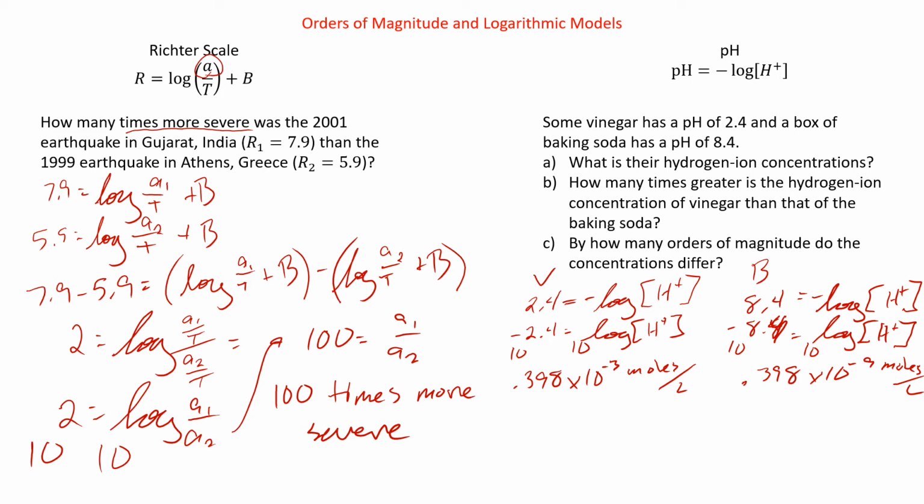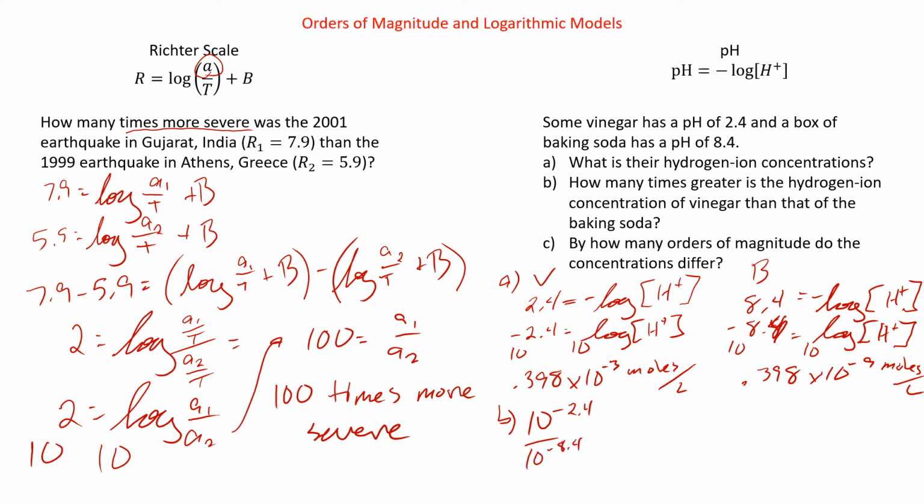Now, how many times bigger is one than the other? So that we can divide these two numbers. We can divide the vinegar divided by the baking soda. So we could use these 0.398 numbers, or we could also use the 10 to the negative 2.4, because that's what that is, over 10 to the negative 8.4.